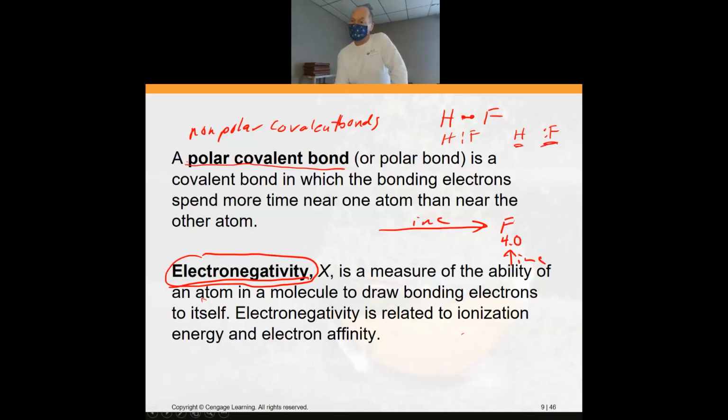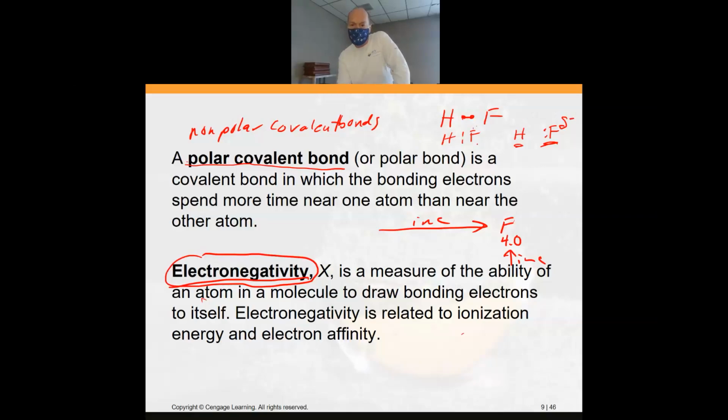It is still sharing the electrons, but they are very closely held by the fluorine. And so your fluorine has more electron character there, and so it has a partial minus, not a full minus, a partial minus.